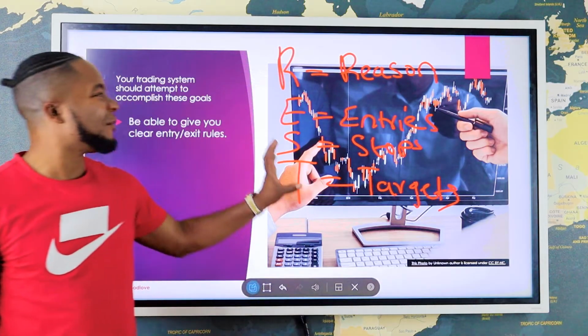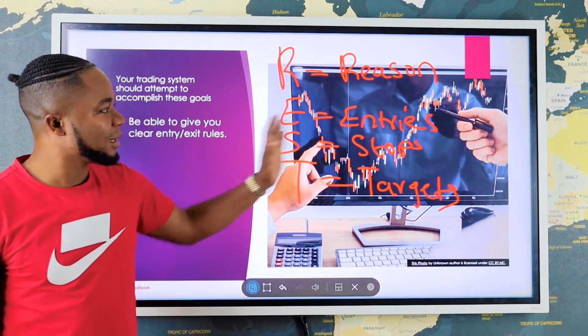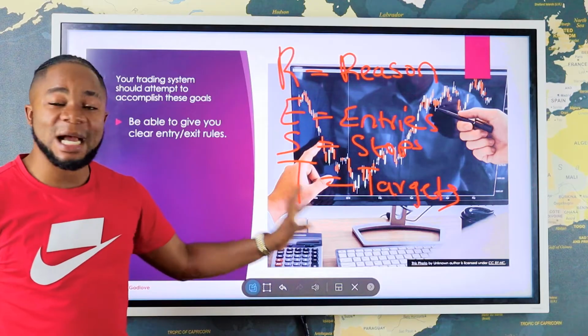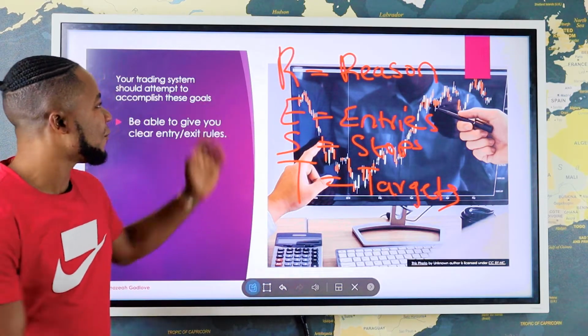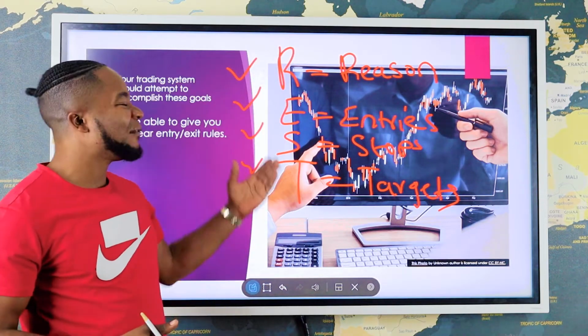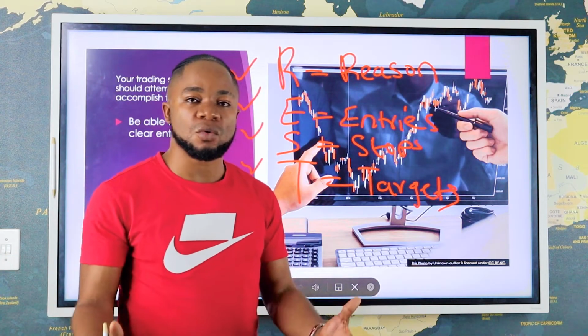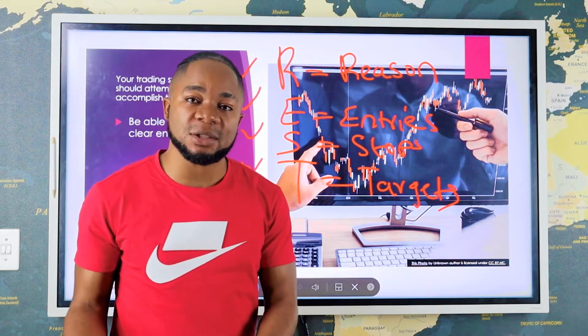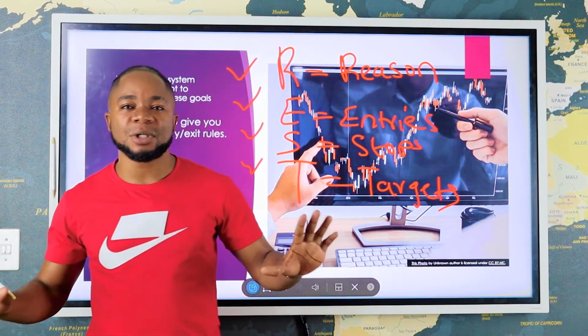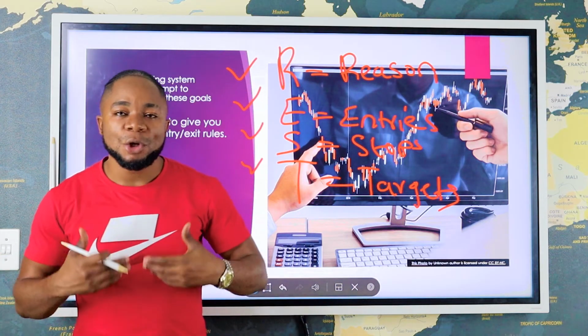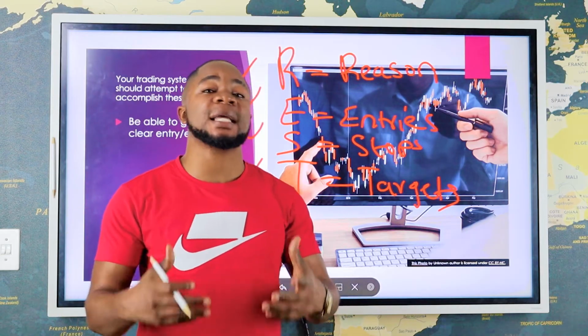So once you already have these 4 things, the reason, the entries, the stop, and the target, once you already have these 4 boxes ticked, you place your trade with predefined rules, with predefined risks. So that if anything is happening on that trade, you have already predefined the risks.